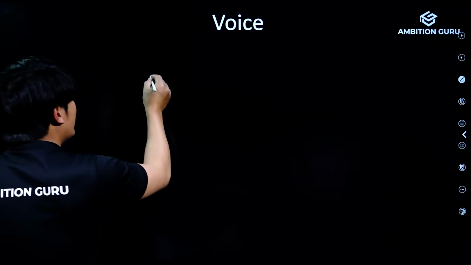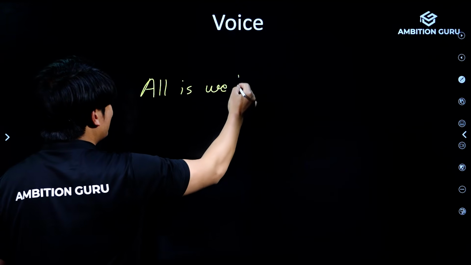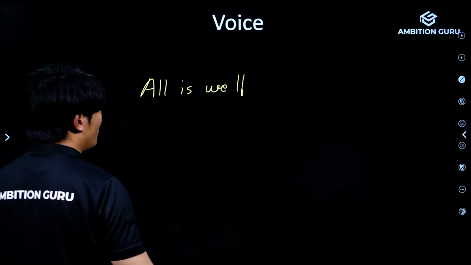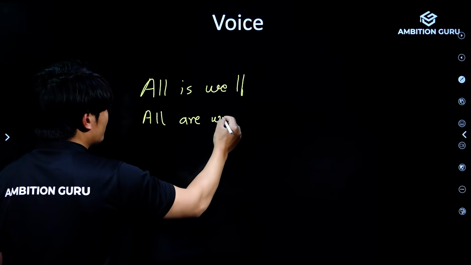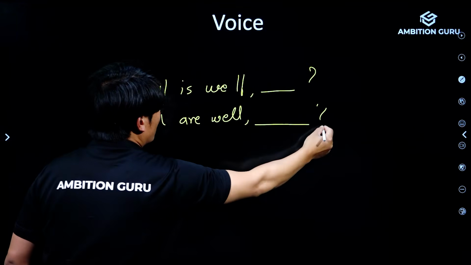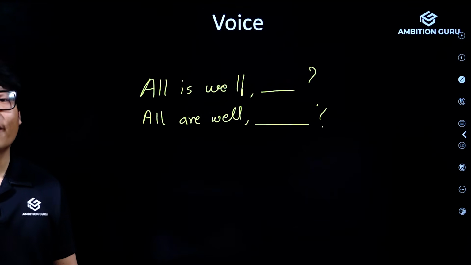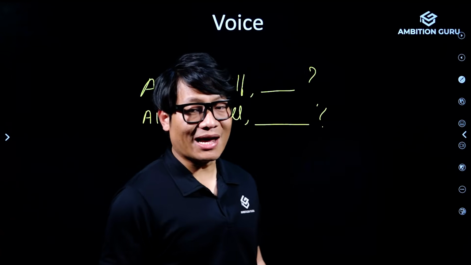Okay, all is well. Suppose you gave the answer, all is well. I'm going to ask you furthermore also: all are well. Now, what's the tag question? All is well. Very good, Bipin. Wow, you all are so smart.